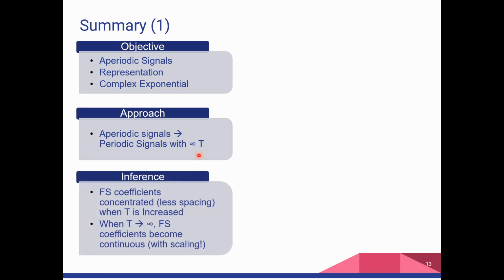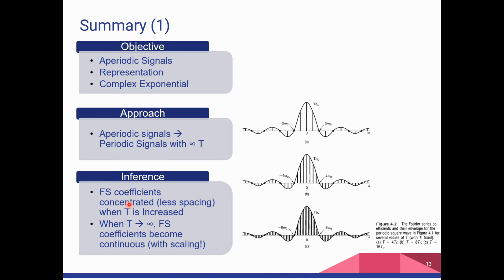And what was our inference when we started increasing the time period for the periodic signals? We saw that the Fourier series coefficients were concentrated when the time period was increased. For example, for a rectangular pulse with less time period, the Fourier series coefficients are spaced apart.